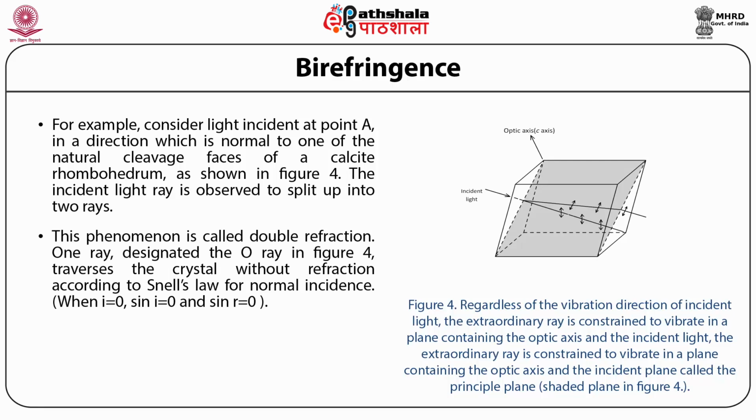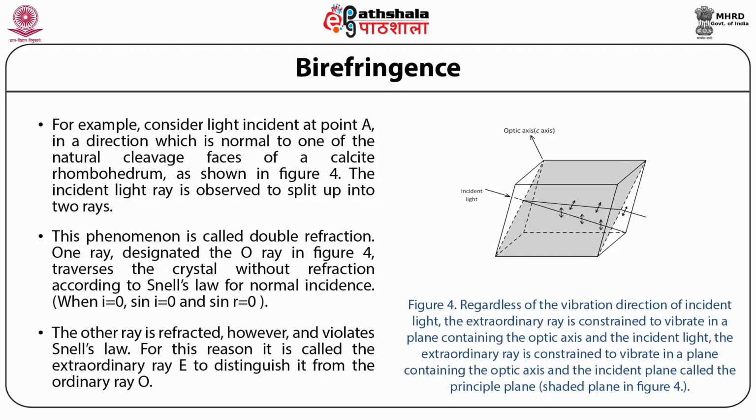One ray, designated the O ray in figure 4, traverses the crystal without refraction according to Snell's law for normal incidence. When I is equal to 0, sin I is equal to 0 and sin R is equal to 0. The other ray is refracted, however, and violates Snell's law.